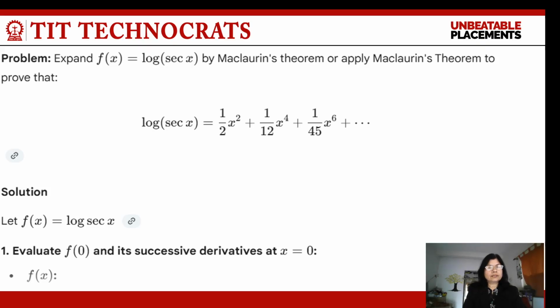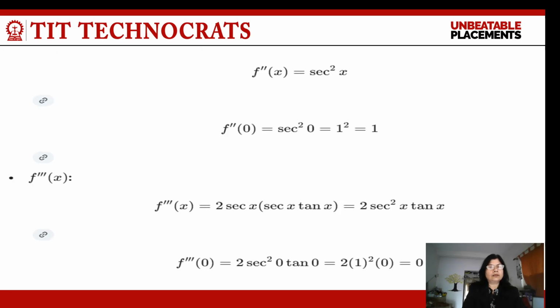So we first evaluate f dash x and then we put the value of x as 0. So f dash x is equal to 1 by sec x into sec x tan x, so that sec x both cancel.